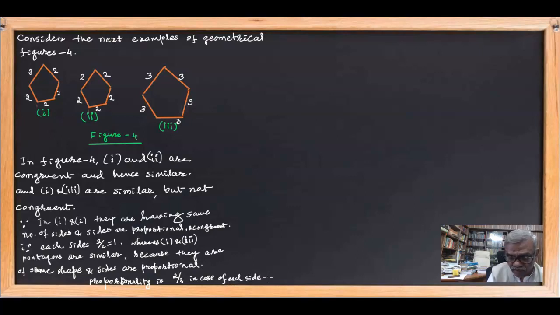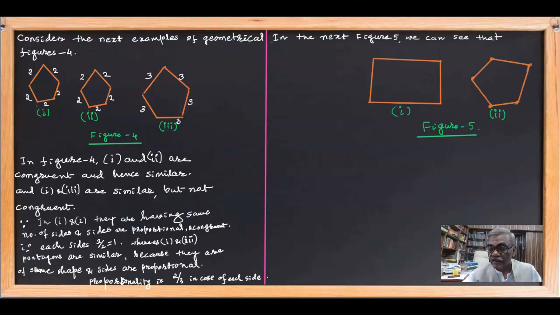And therefore they are similar. And now we can look at another set of polygons. Now here in this case they are not similar.